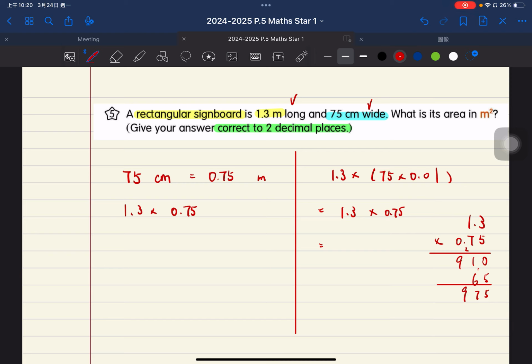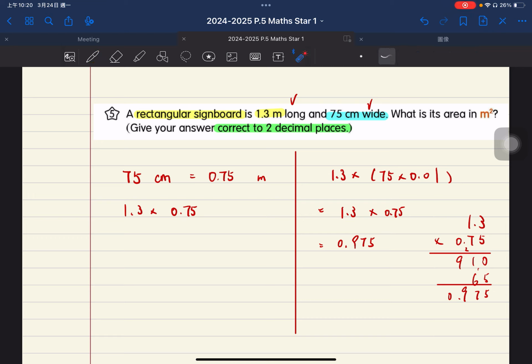How many decimal places here? 1, 2, 3. So we jump 1, 2, 3. Then it should be 0.975.